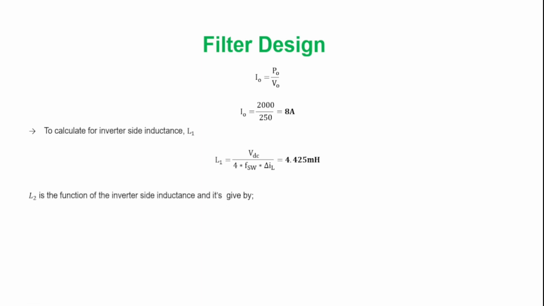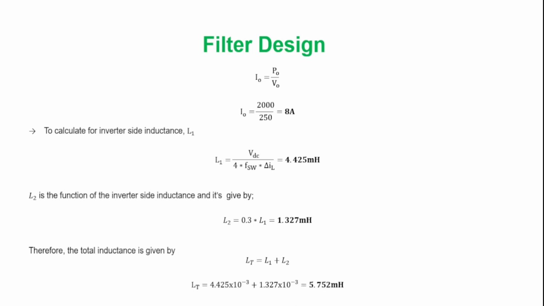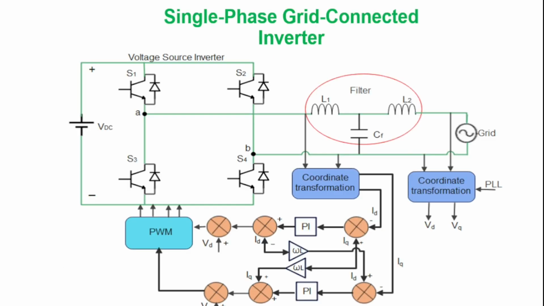L2 is a function of the inverter side inductance and it gives us 1.327 millihenry. And the total inductance is given by L1 plus L2, which gives us 5.752 millihenry.